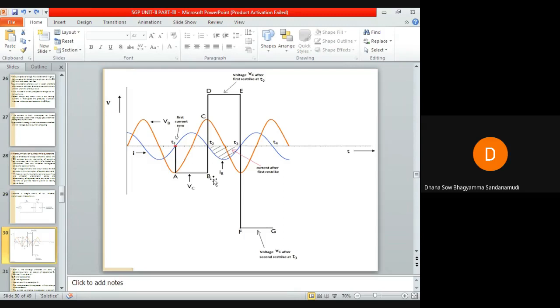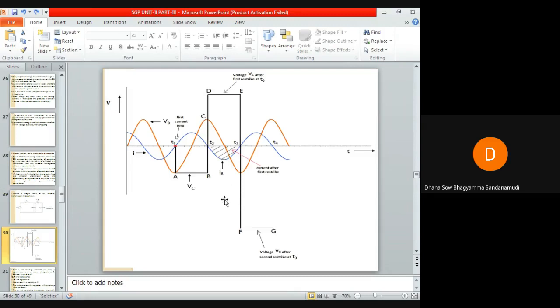And when arc is restruck, if such condition occurs, then the voltage across the circuit breaker may fall almost instantaneously from 2 times maximum value of VB to 0 if the circuit starts to oscillate. And hence high frequency oscillations are set up which build up the voltage to 3 times maximum value of VB.